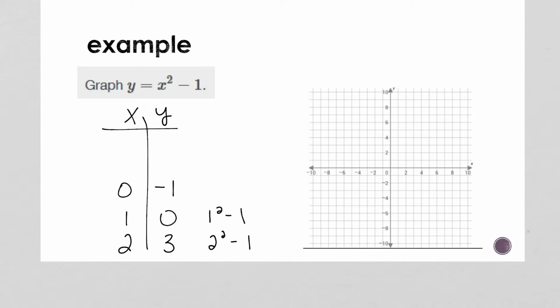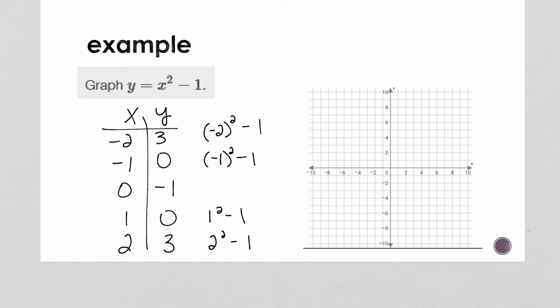I always like to do some negative numbers too, but you have to be really careful about this. If you put in negative 1, negative 1 squared is positive 1, and positive 1 minus 1 is 0. If I put in negative 2, I get negative 2 to the second power minus 1, which is 4 minus 1, which is 3.